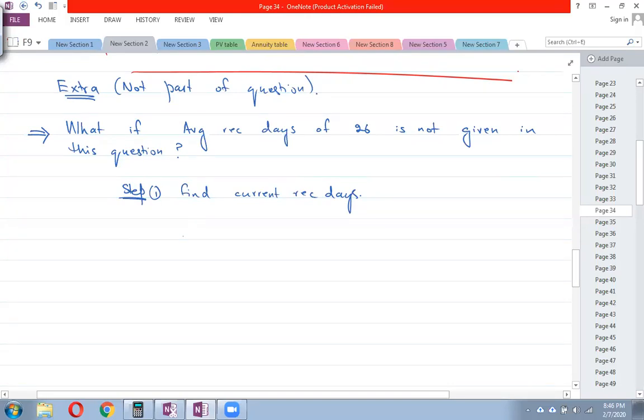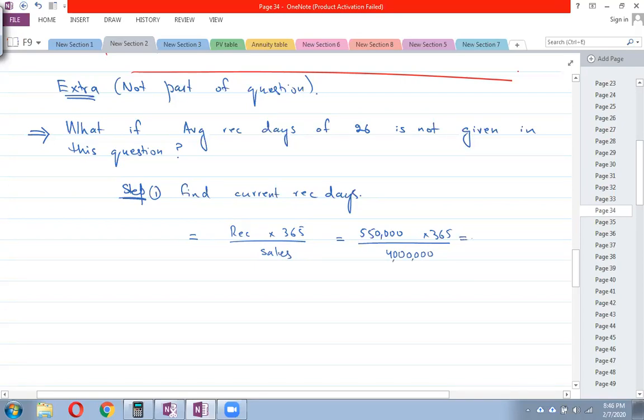So that will be equal to receivables multiplied by 365 divided by sales. Our current receivable as per the question is 550,000 into 365 divided by 4 million.